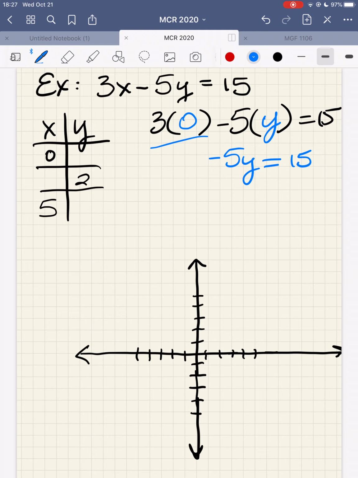And using our skills for solving equations, I need to get rid of the multiplication by negative 5 by dividing by negative 5 on both sides. And that means y is going to be equal to positive divided by negative is a negative, and 15 divided by 5 is negative 3. So in my table, I'm going to fill in a negative 3.